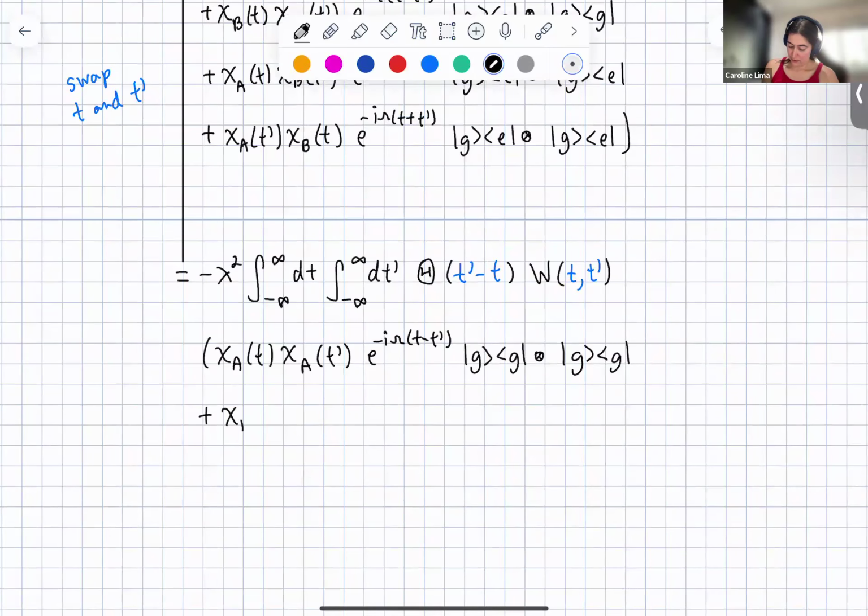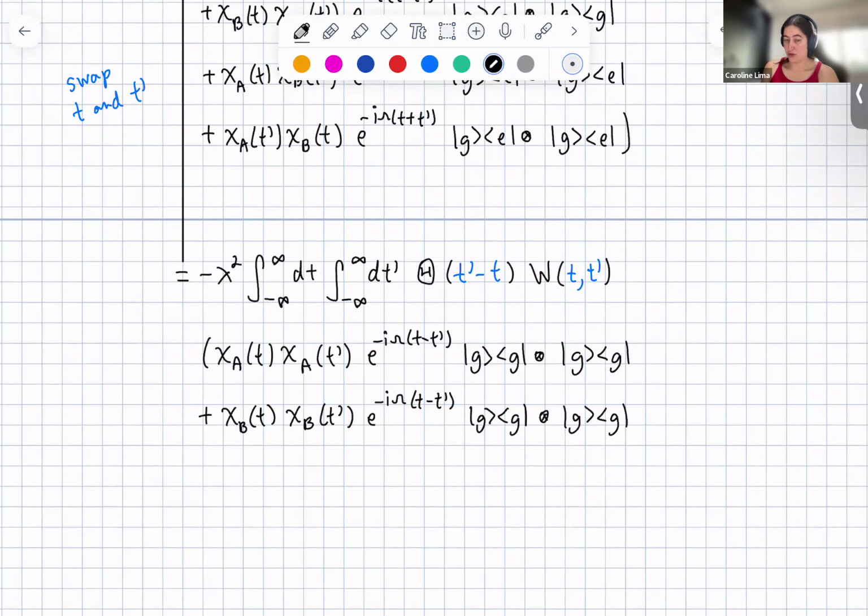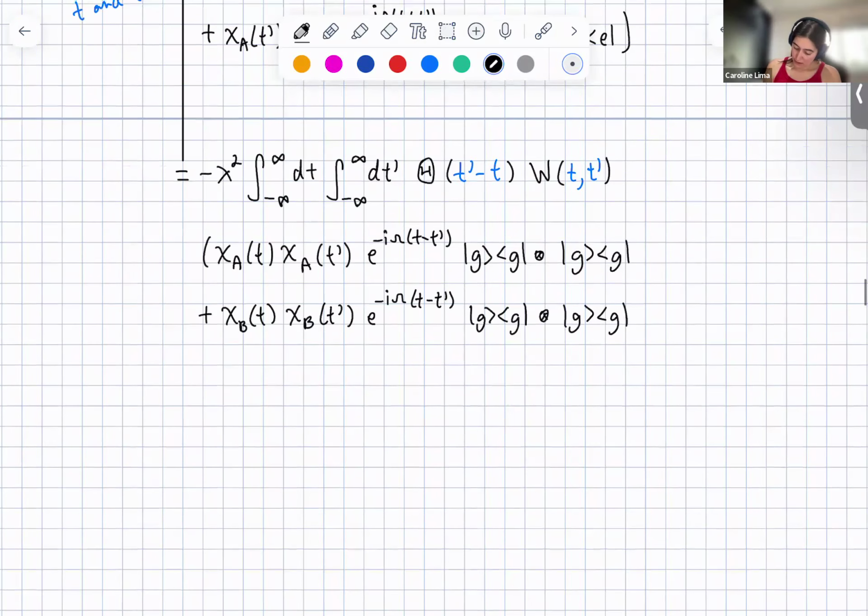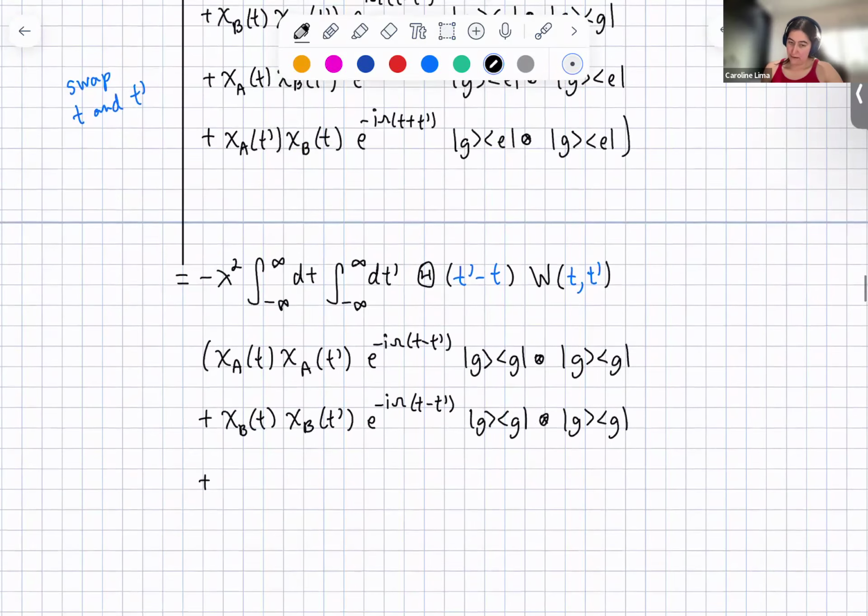Then the same for B, right? This part is invariant. Now we're going to get something that is also negative here from what it was before. And let's see.